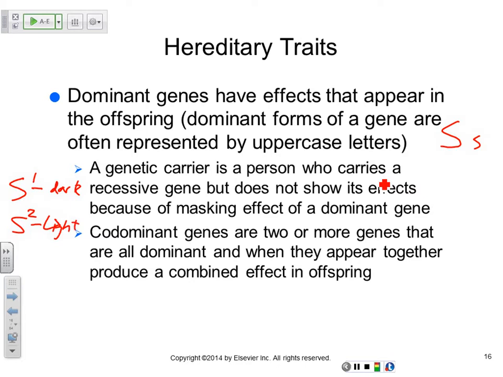So if somebody inherits the S1 and the S2 gene together, they're both dominant, right? They're going to be blended. So that's what codominance is, so that you have somebody who's somewhere in between the two. All right?